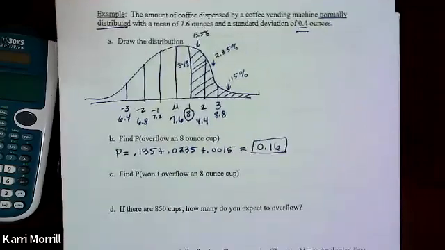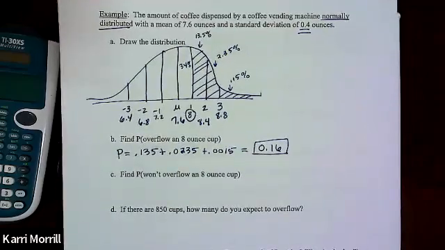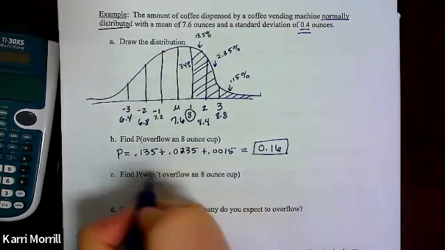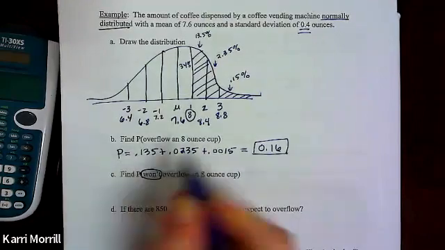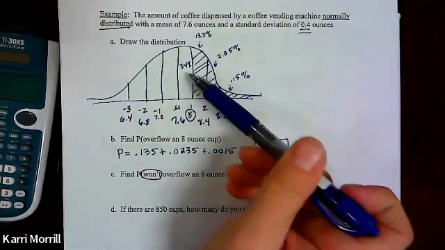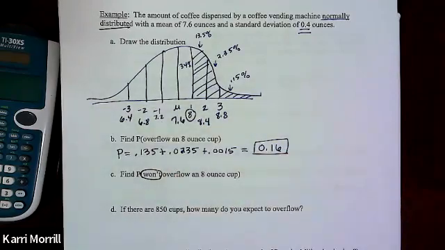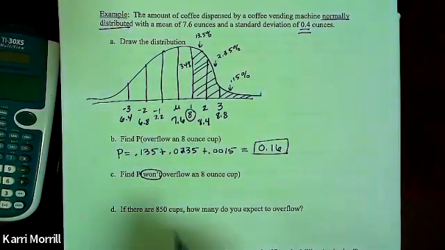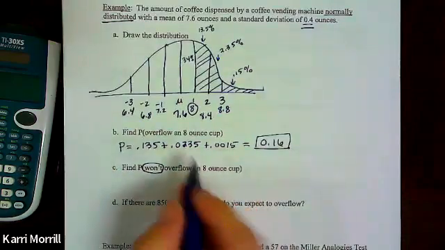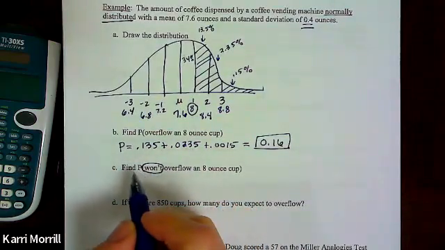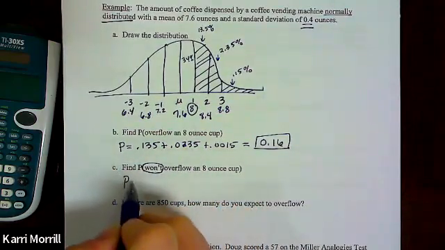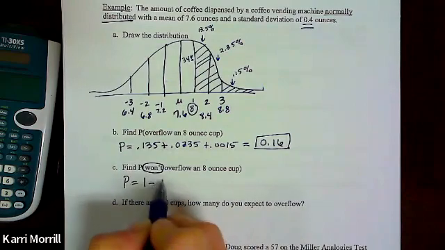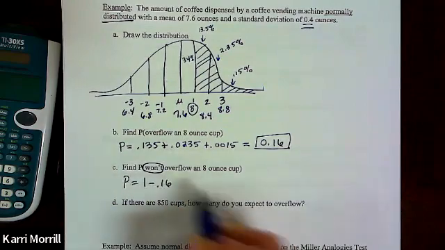And then part C says find P won't overflow. And you could probably do this 2 ways. You could shade this section and add them, or we could use that complement of it. Remember where we just say the probability that it won't overflow? I could say, well, that's just taking 1 minus the probability it will overflow.